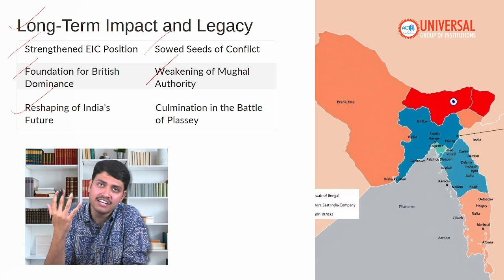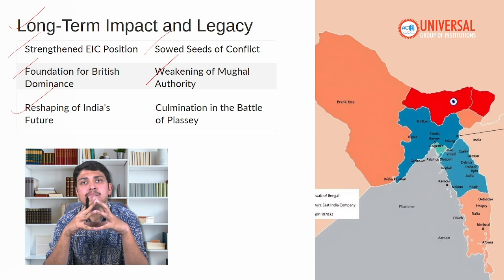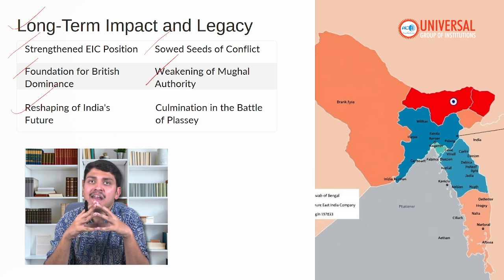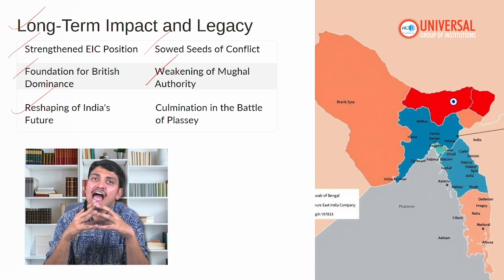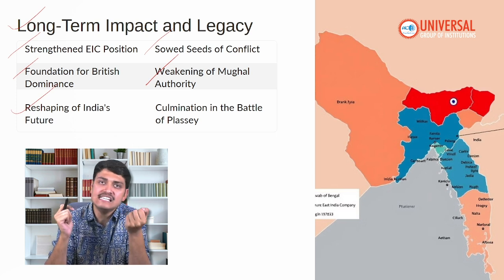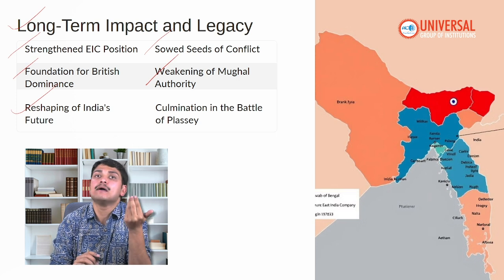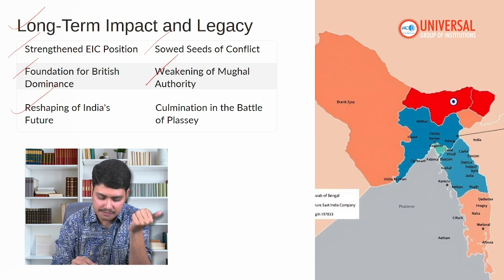As we already know, since the Mughal ruler was extremely dependent on external forces, the British could manipulate the Mughal authority very easily because of the incapacity of the Mughal rulers.